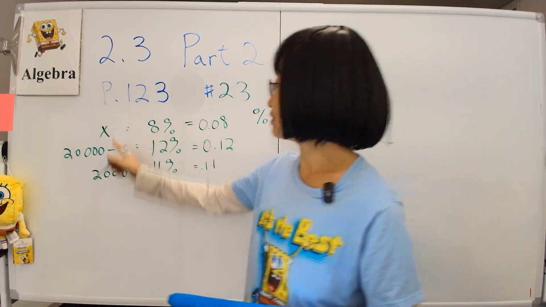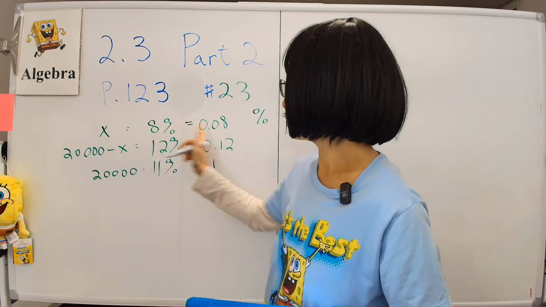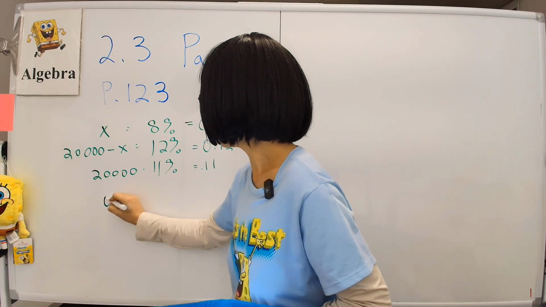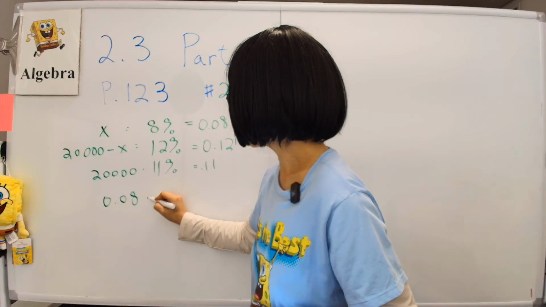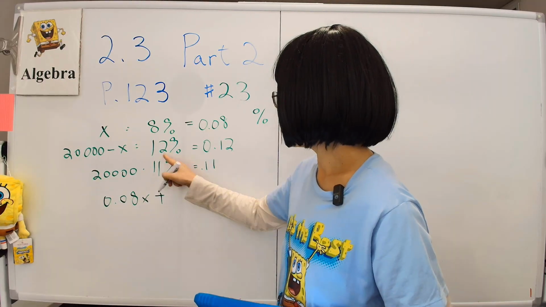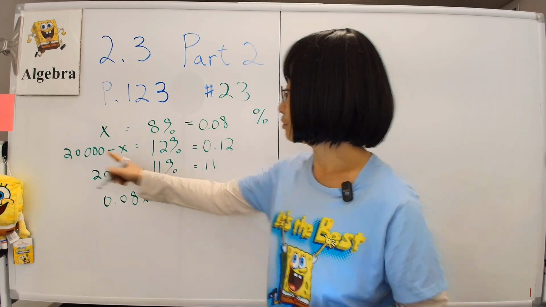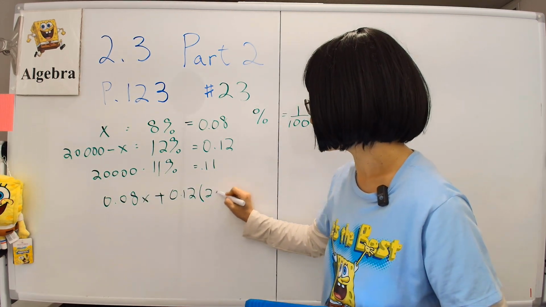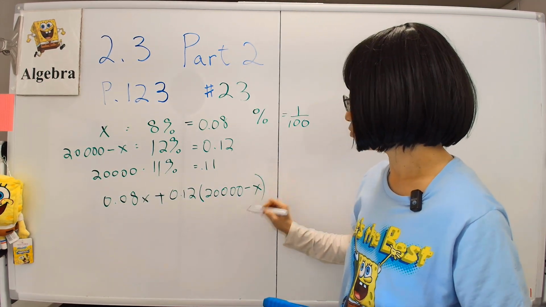So let's do this, okay? So the first amount of money that we don't know how much is going to be multiplied by 0.08. That's the first interest times X. Okay, the second interest is going to be 12%, 0.12 times 20,000 minus X. That's the rest of the money will be invested at 12% rate.